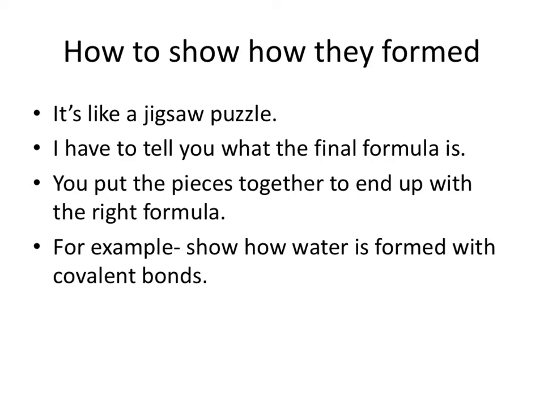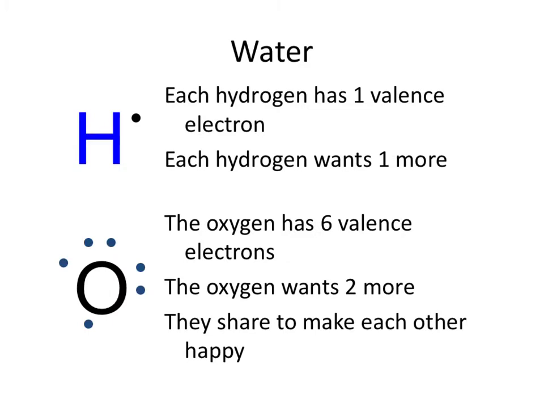So how do you actually show how these things are formed? You have to think of it as a puzzle. You have to know what your formula is, and then you put those pieces together to make sure that you have the right formula. So, for example, water. We know that hydrogen has 1 valence electron. It's in group 1. And so we know that hydrogen wants 1 more.